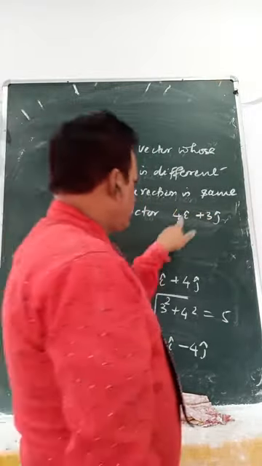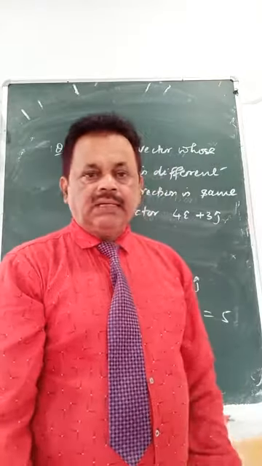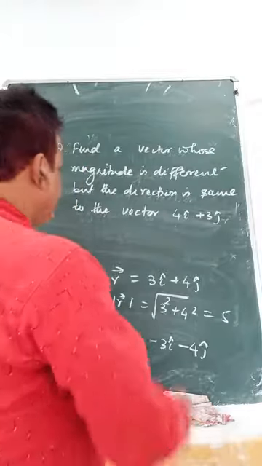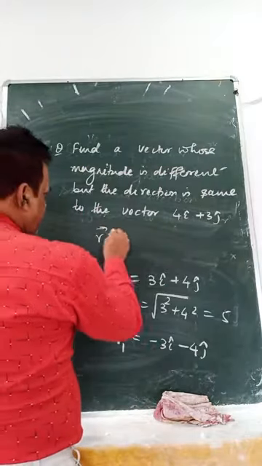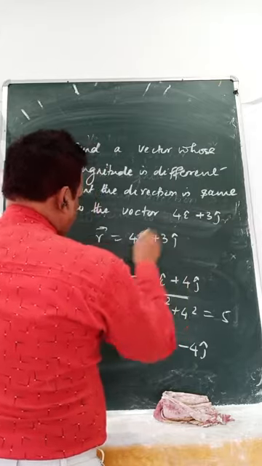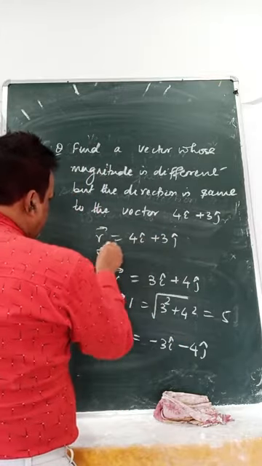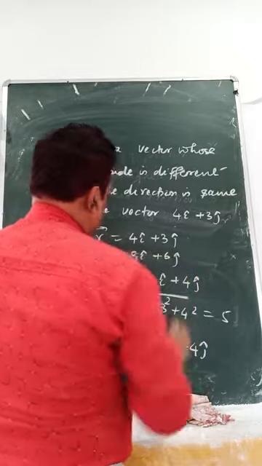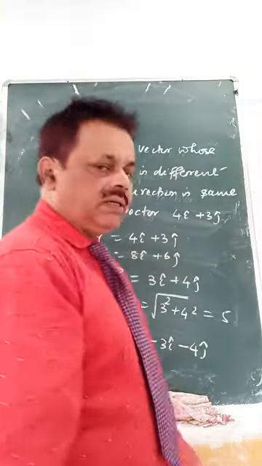Direction will be same means the sign will be same. Magnitude different means just you multiply 2 or 3 or half, anything you get. So R vector is 4i plus 3j. Then R1 is 8i plus 6j. Same direction with the same sign.